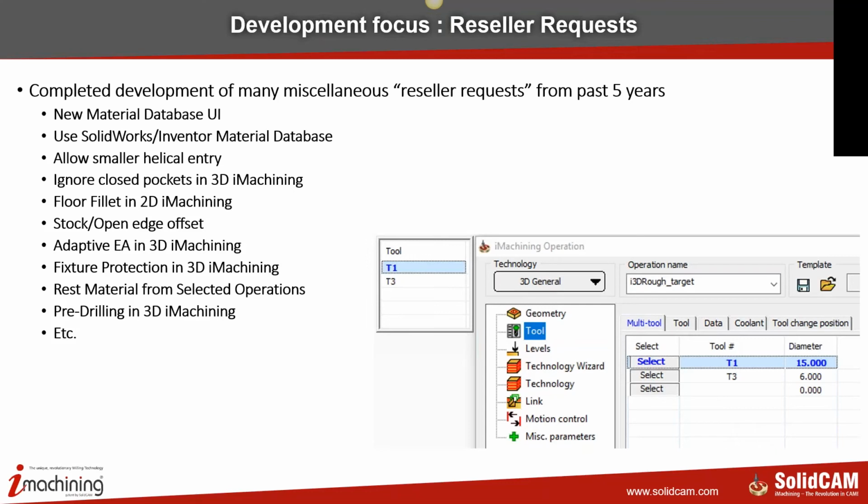You can do smaller helical entries. You can now ignore closed pockets in 3D iMachining, which I will review. You can do a floor fillet in 2D iMachining. We can do stock and open edge offsetting. We have adaptive engagement angle in 3D iMachining, fixture protection in 3D iMachining, rest material from selected operations, which was borrowed from HSM, and we have pre-drilling in 3D iMachining, and the list just goes on and on.